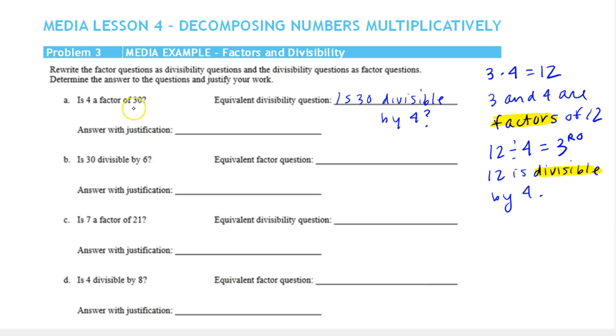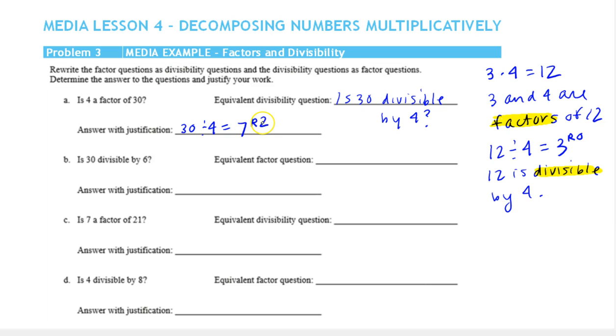So, to determine if 4 is a factor of 30, we need to see if it's divisible by 4, which means if we divide 30 by 4, is there no remainder? So let's see. Let's do 30 divided by 4. Well, 4 goes into 30 7 times, and that's 28, and there would be 2 left over.